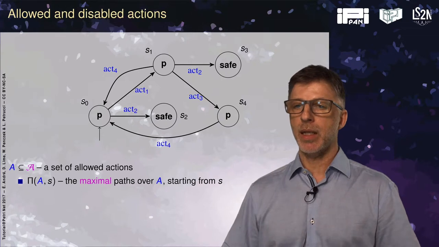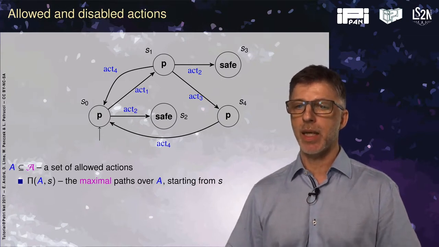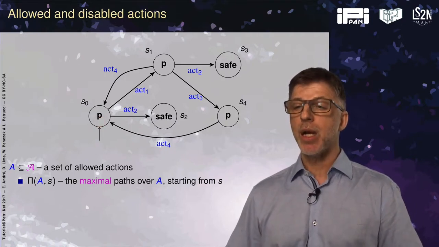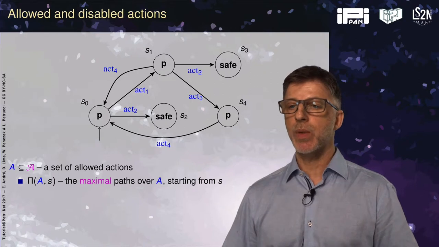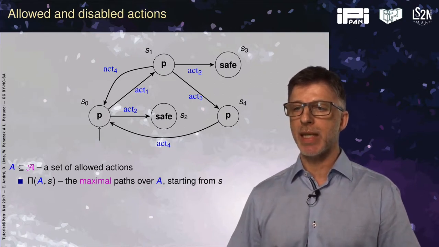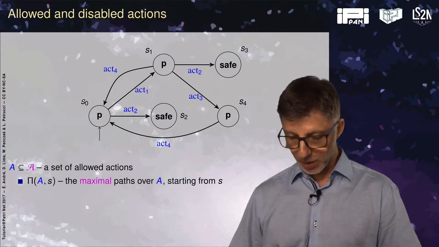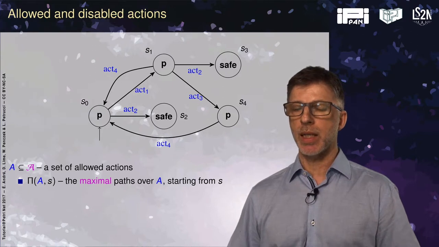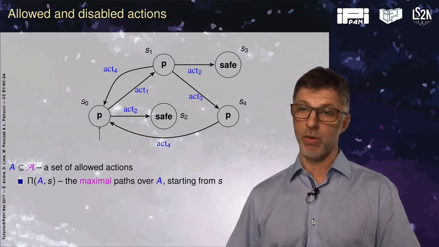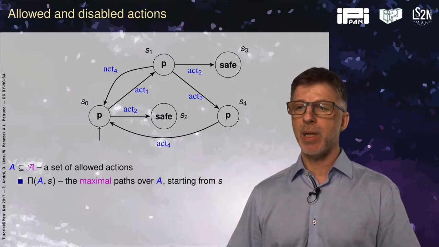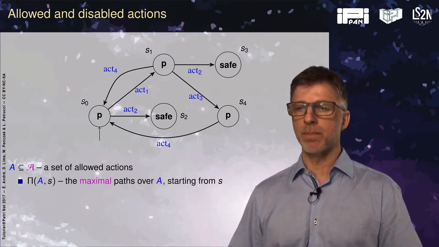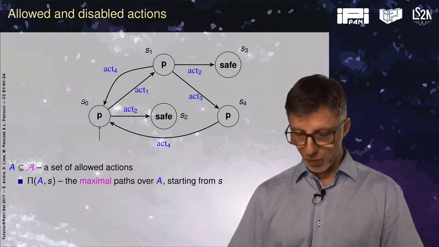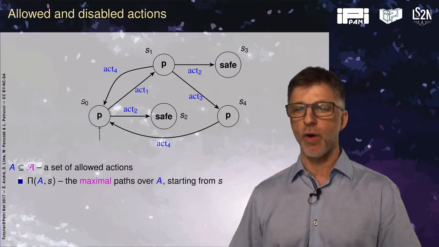Now you can see the labeling: the states S0 and S1 are labeled with P, while the states S2 and S3 are labeled with safe, and the state S4 is also labeled with P. Now you can see that the transitions which go between states are labeled with actions. So in the set of actions we have Act 1, Act 2, Act 3, and Act 4.